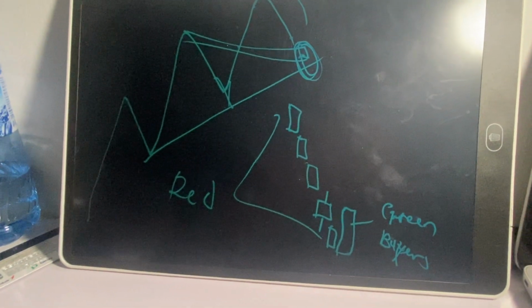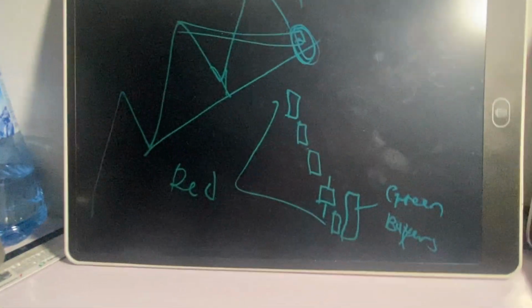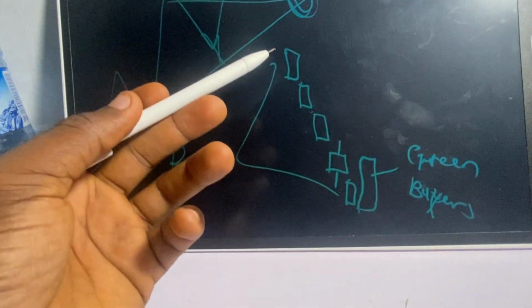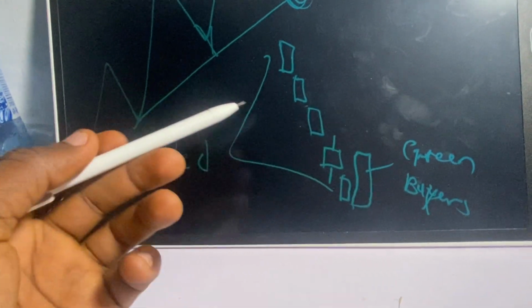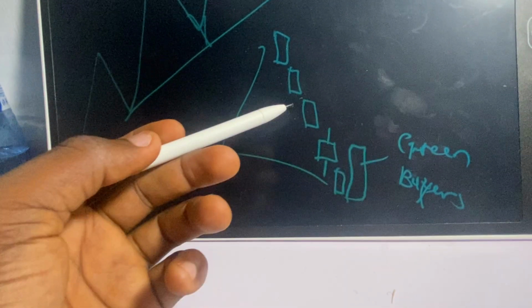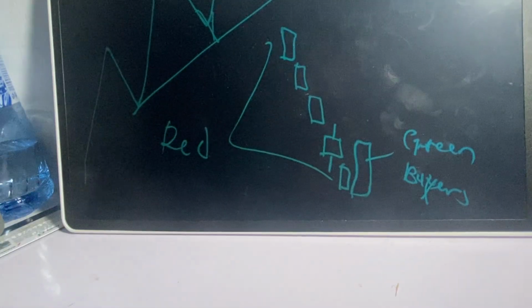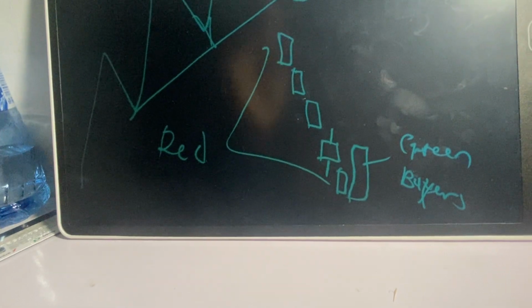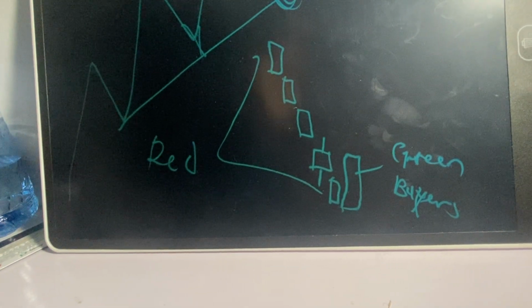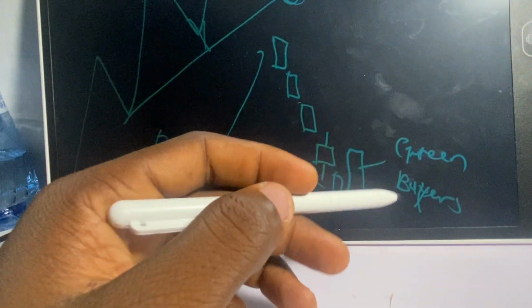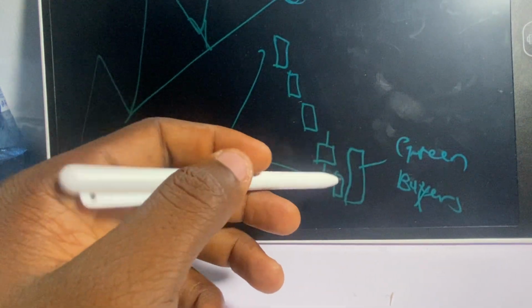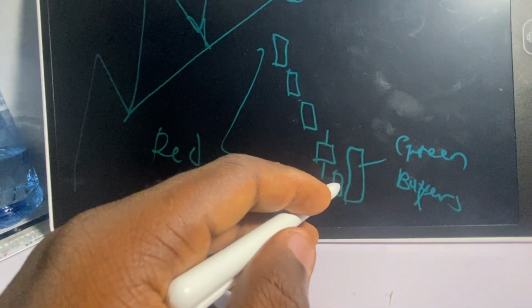The psychology behind this formation is that the sellers have been coming down with their candles, probably stronger, probably weak. And when it gets to your zone, the buyer comes to the market and engulfs the candle.